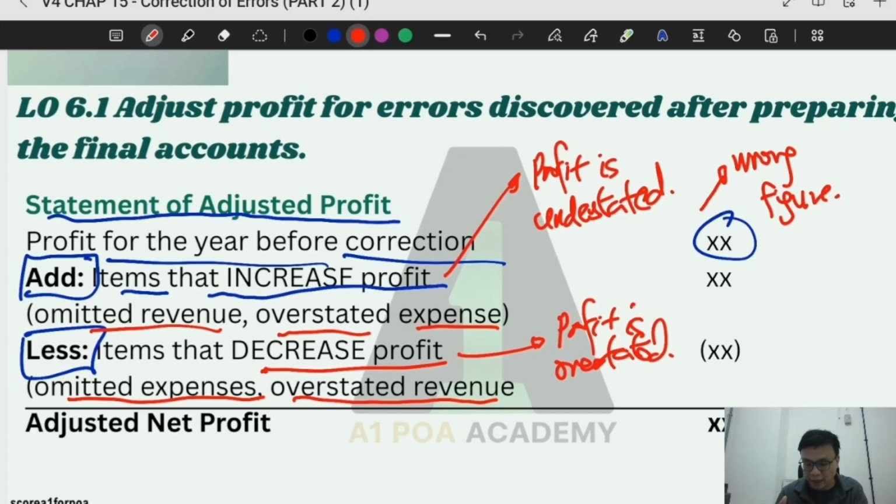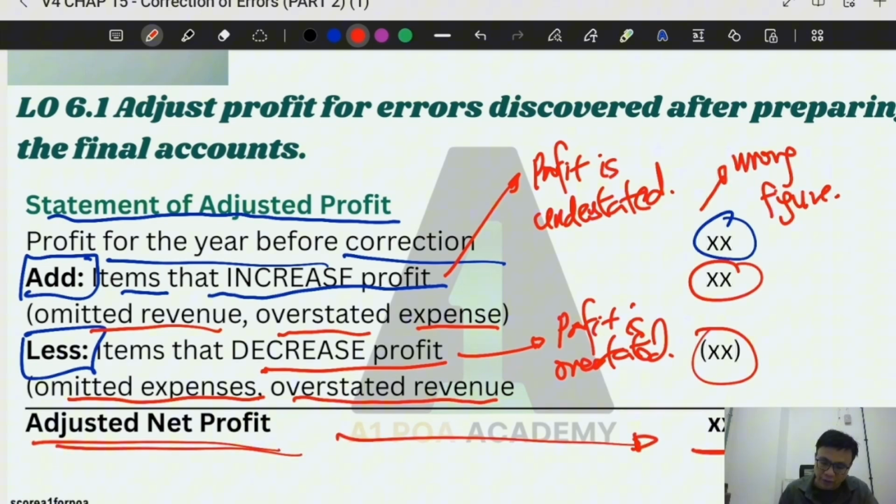The expenses are too little and therefore the profit becomes overstated. Another thing is you have overstated revenue here and therefore you need to adjust the revenue to bring it down, and after you make this adjustment you'll be able to come to the overall adjusted net profit. So this is a very structured flow in terms of giving you what needs to be added and what needs to be less, so that you'll be able to derive the correct adjusted net profit.